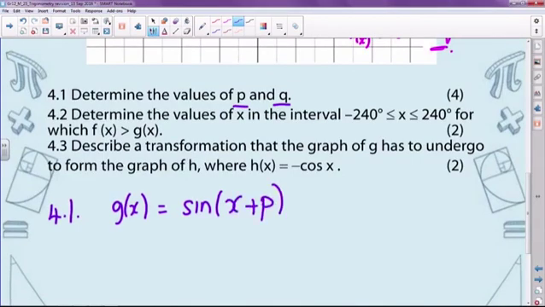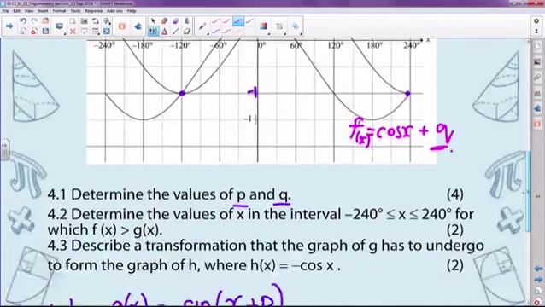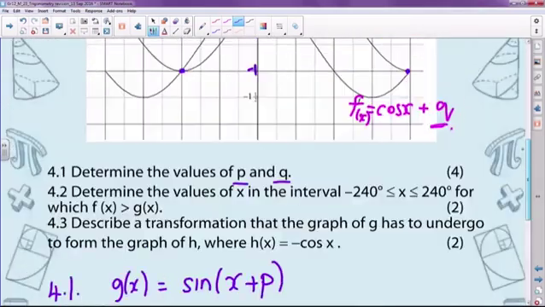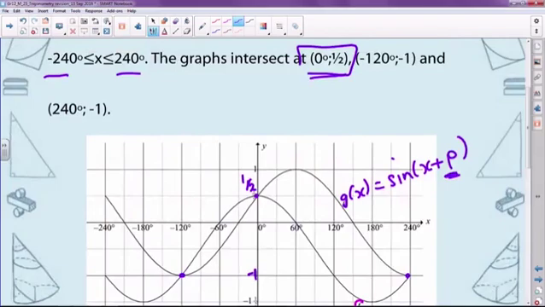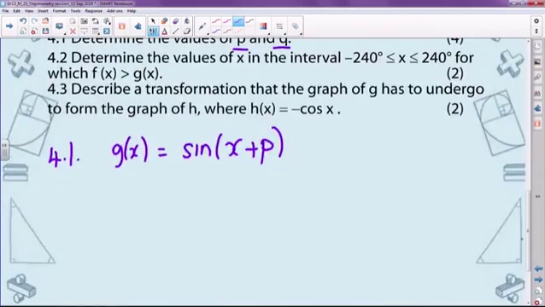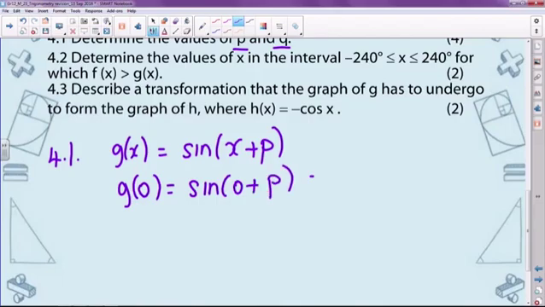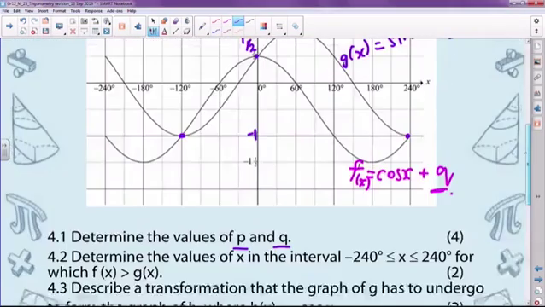And we're going to find the value of P by simply substituting a point that we were given. And as I said, let's use 0 degrees and a half. So in other words, when my x value is 0, the y value that I get out is a half.